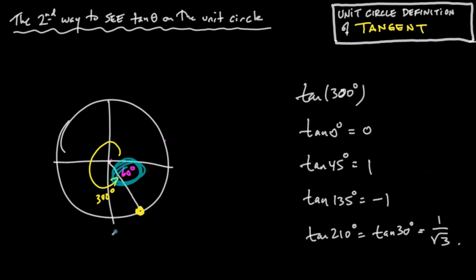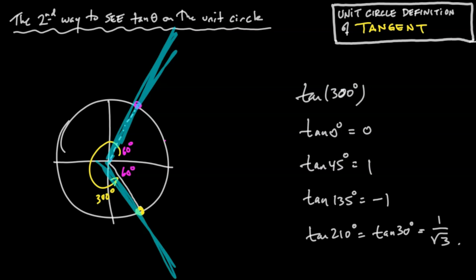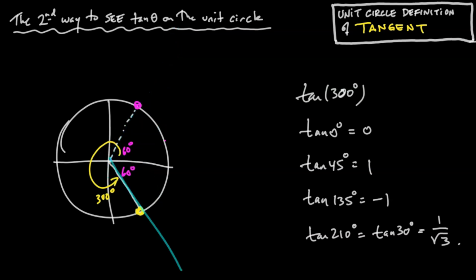Our reference angle is 60 degrees, so thinking about that radius, is there a relationship between the slope of this radius and the slope of this other radius? Yes, they're definitely negatives of each other. In the top one, for every unit we go to the right, for every unit we run, we rise a certain amount, while on the bottom one, for every unit we go to the right, we fall by the exact same amount. So their slopes are equal but opposite. The slope of this one is tangent of 300. The slope of this one is tangent of 60.